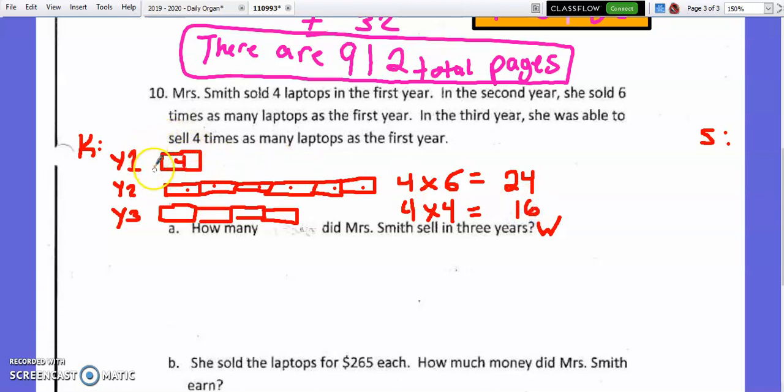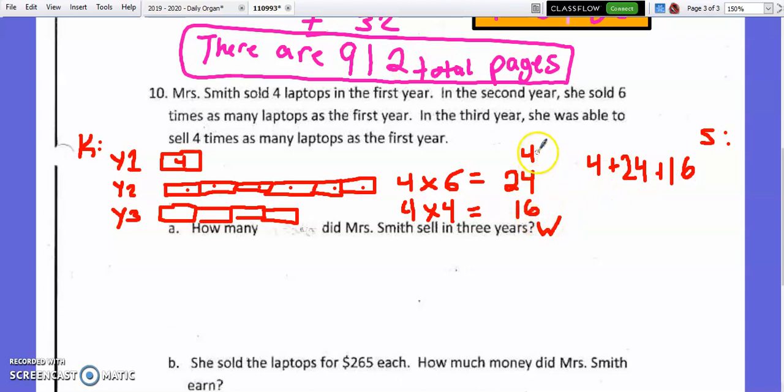And I can't forget about how many she sold in year 1, which was 4 laptops. Which means my number sentence is now 4 plus 24 plus 16 to answer the first question.